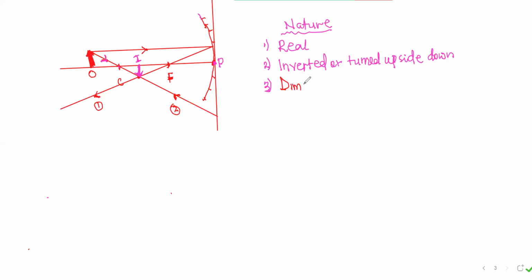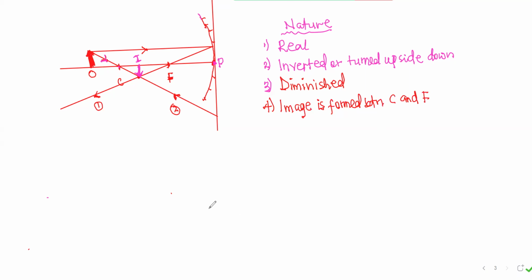Image is diminished. Then the fourth characteristic of the image formed is the position where the image is formed. Image is formed between the center of curvature and the focal point.